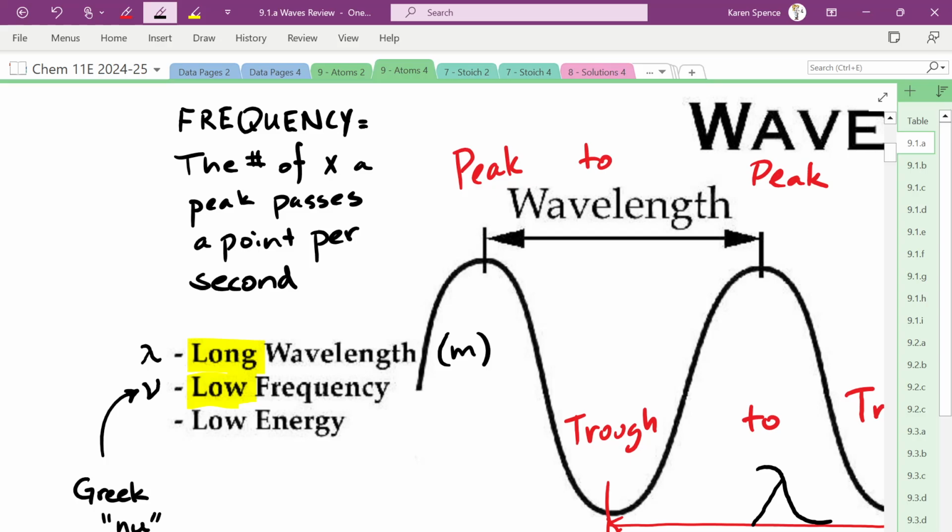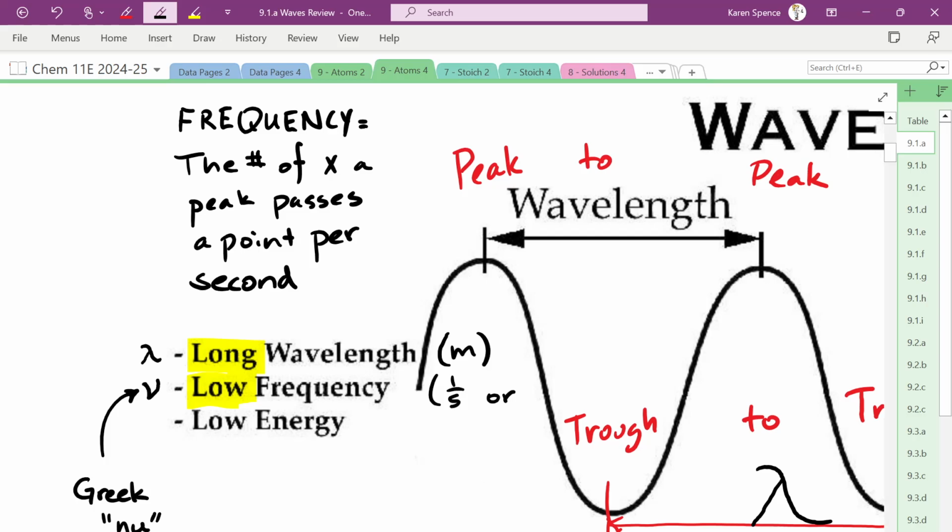All right, and frequency is the number of times per second. So it's really just a number per second. Yes? And so the unit is just per second. Okay, so our unit of frequency is 1 over seconds. Or we can write that as, does anyone know how to write that in a different way?